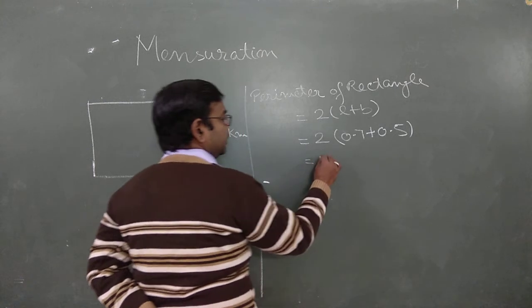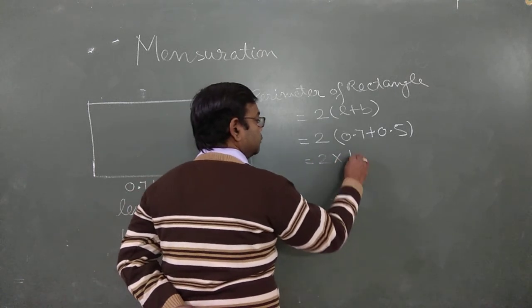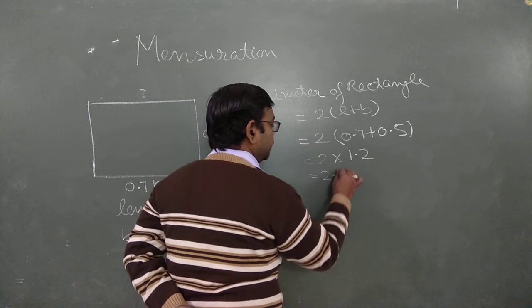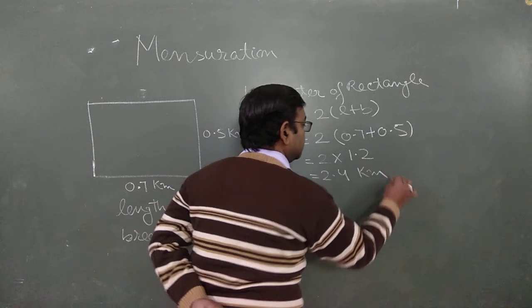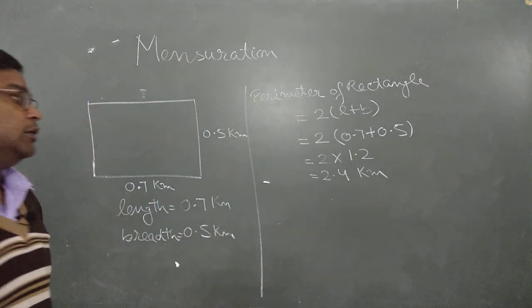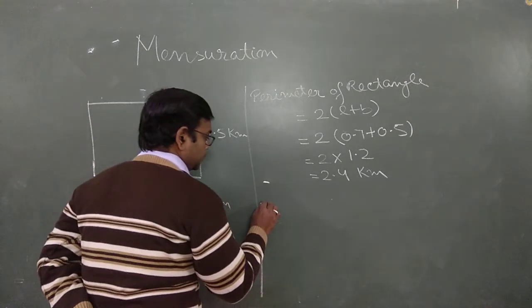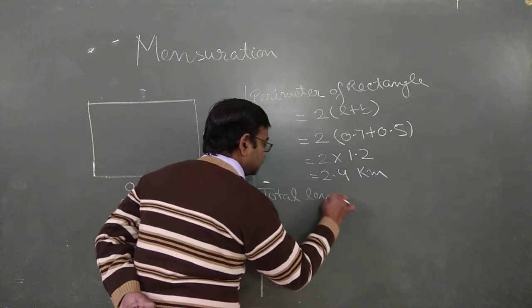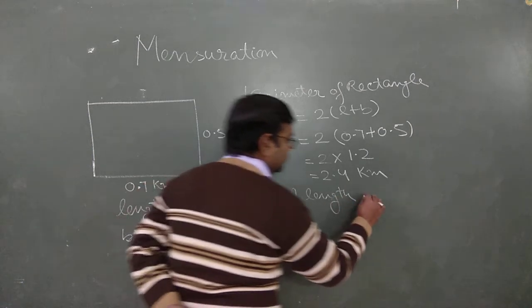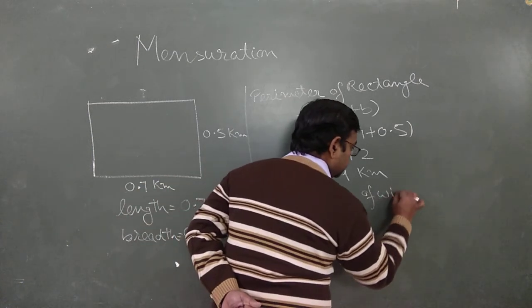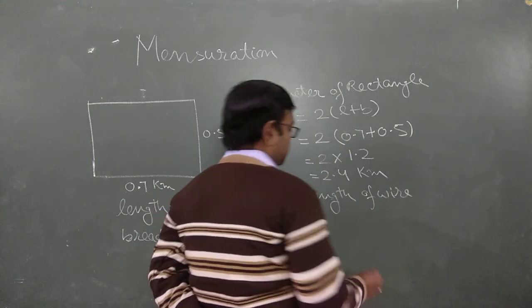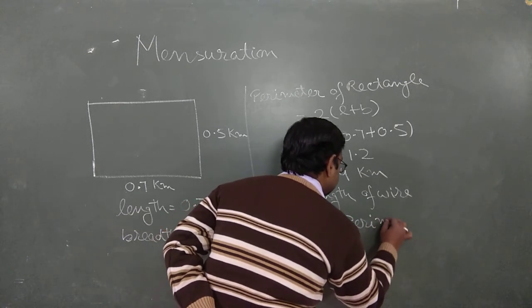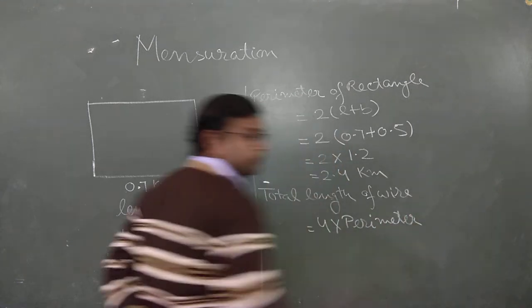So what do we have? 2 into 1.2. It is 2.4 kilometer. This is the perimeter of the rectangle. But the question says total length of wire equals 4 into perimeter, because we are fencing with 4 rows.